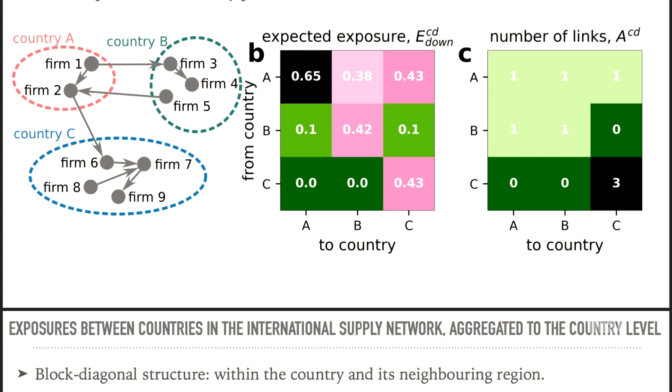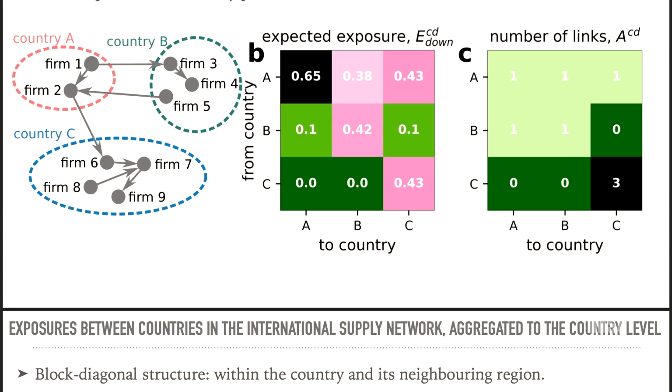You can see that the diagonals generally have high exposure; the exposure is much higher within the country itself, and others are slightly less. And these are the number of links between the countries.